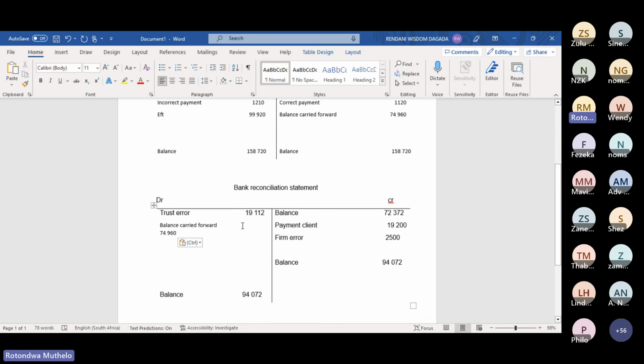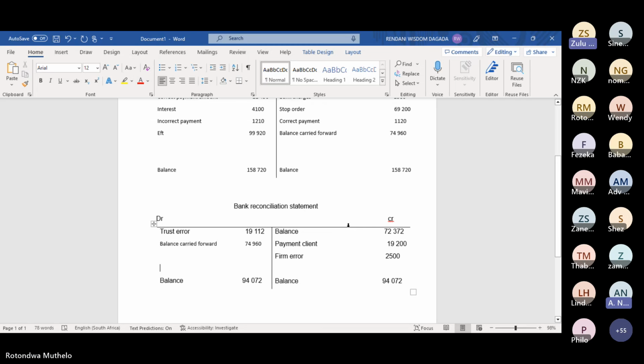In order for this 19,000 to be equal to 94,000, we need that 74,960, called the balance carried forward. It's called that because it makes everything equal, in equilibrium, from both sides. You can see everything is equal now. Do we all understand this?